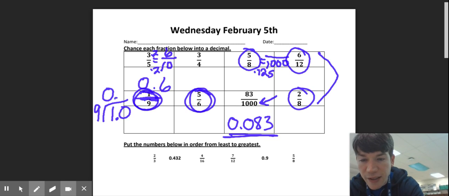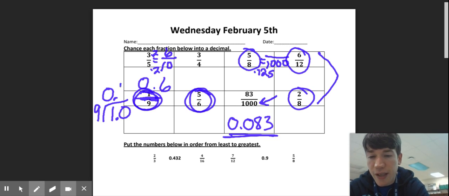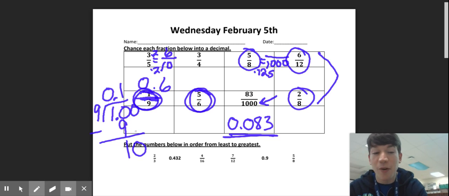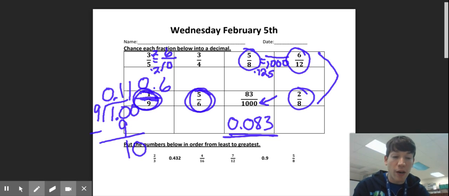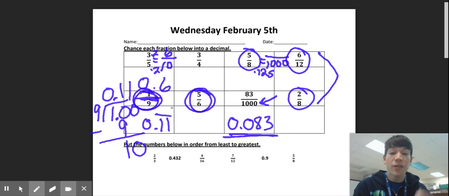And I'm just asking then, if I divided this out, how many groups of 9 are in 10? 1. Just give me a 9. Subtract, I get a 1. Bring down another 1. How many groups of 9 are in 10? 1. And that's going to be a repeating 1 decimal there. So it's going to look like this. And those ones are going to repeat, so we put that line over the top.